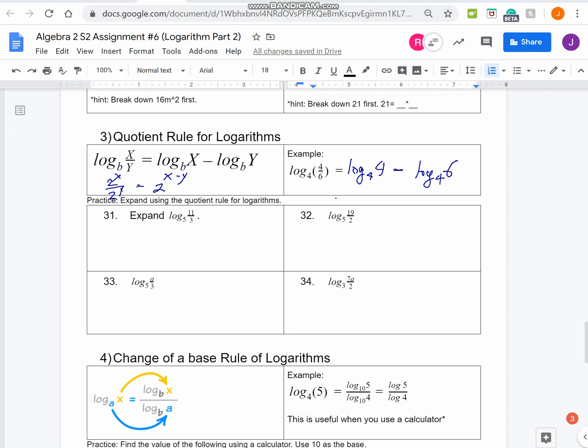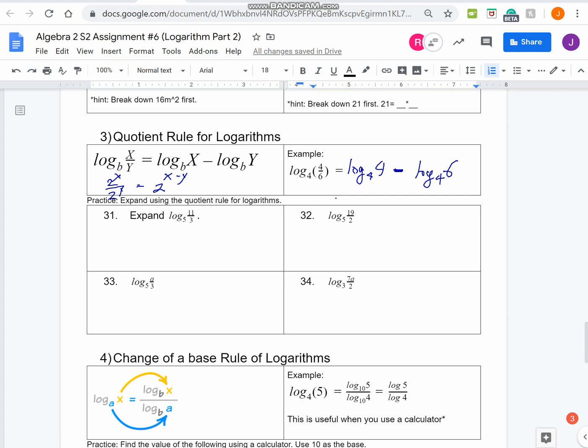All right, so again, one important thing is you have to keep that order. 4 is the numerator, so it has to be the first one, and the denominator goes to the second one. And the log base 4, the base hasn't changed, and it has to be subtraction when you see the quotient or fraction form.